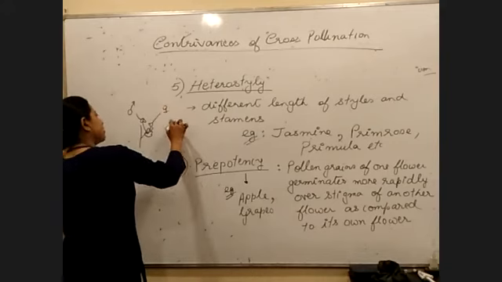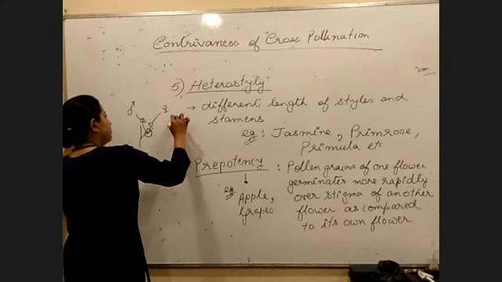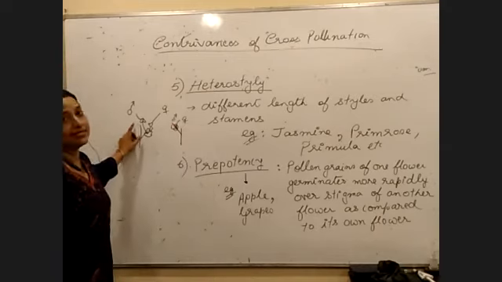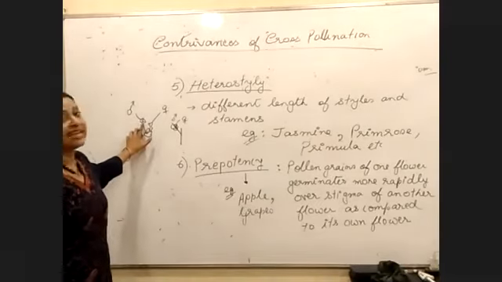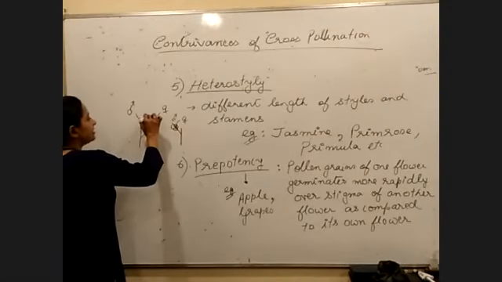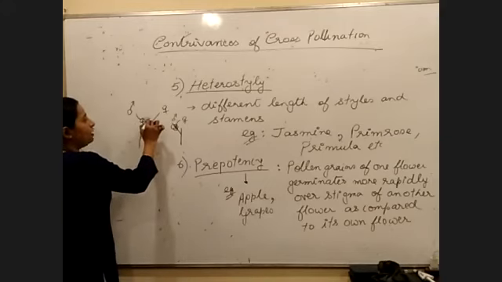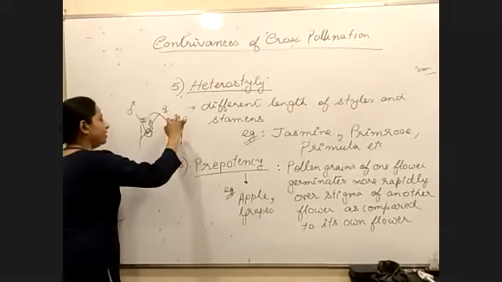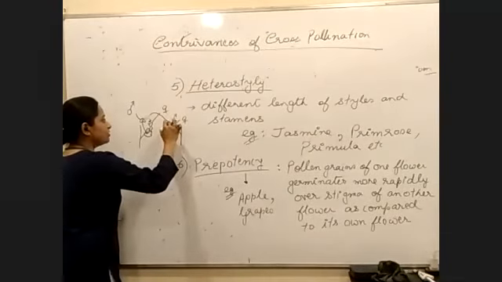Similarly, in this one also you will have the male and female reproductive parts. Sometimes when this anther bursts, the pollen grains present will fall into its own flower, or they might fall into the gynosphere of the other flower also.